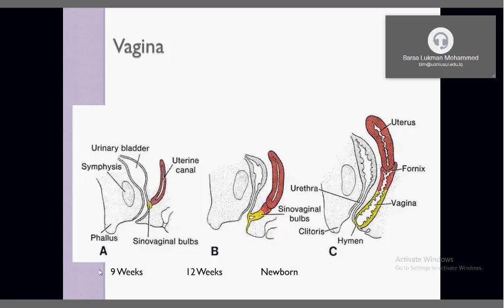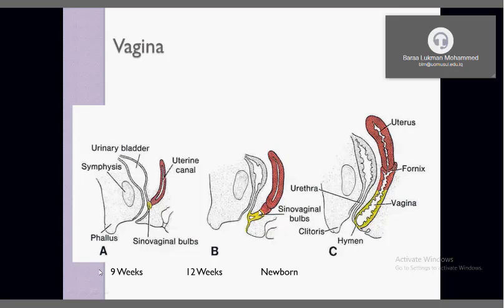You can see this diagram represents the development of the vagina. It forms from the first portion of the Mullerian duct, which forms the Mullerian tubercle, and the sinovaginal bulb.